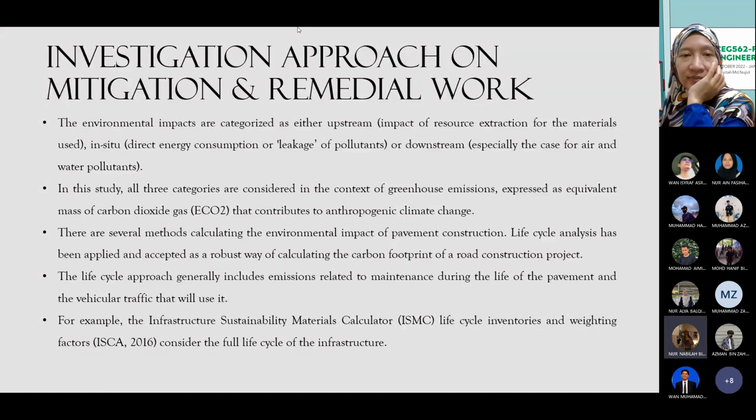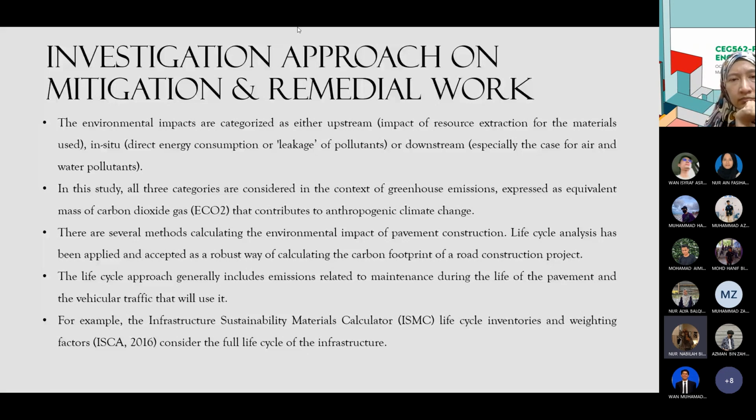Okay, madam. So next is investigation approach on mitigation and remedial work. The environmental impacts are categorized as either upstream, impact of resource extraction for the materials used, in situ, direct energy consumption or leakage of pollutants, or downstream, especially the case for air and water pollutants. So in this study, all three categories are considered in the context of greenhouse emission expressed as equivalent mass of carbon dioxide gas that can contribute to anthropogenic climate change.